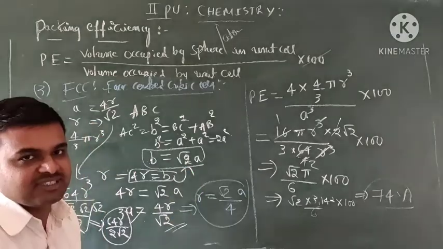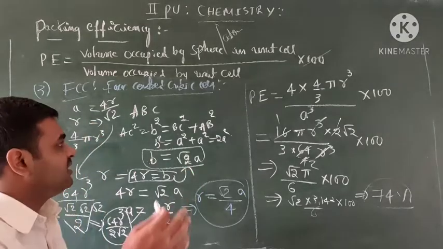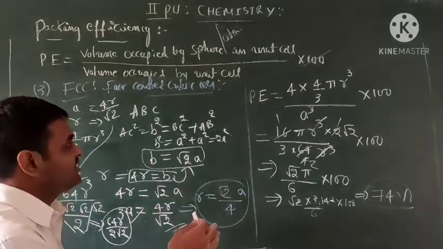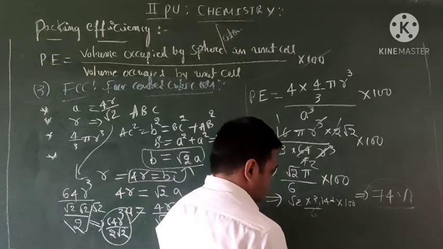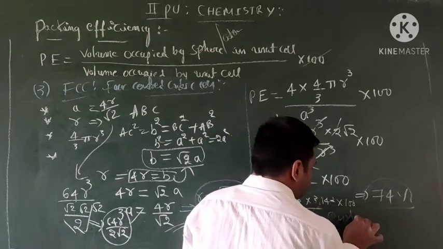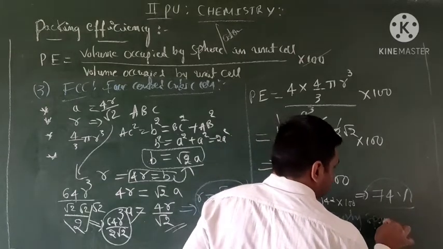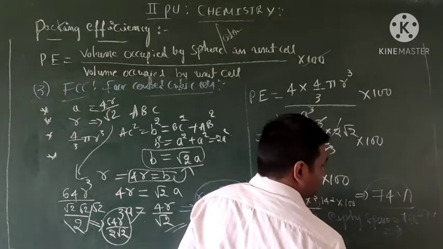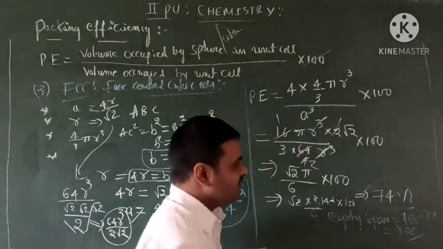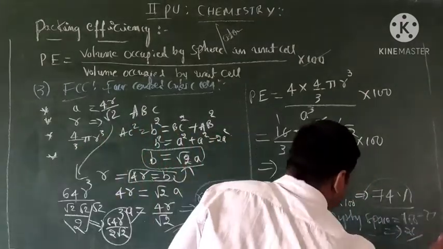This is the largest packing efficiency, because more atoms are present in the face-centered cubic cell. So the remaining is empty space. How much is the empty space? 100 minus 74 gives 26%.